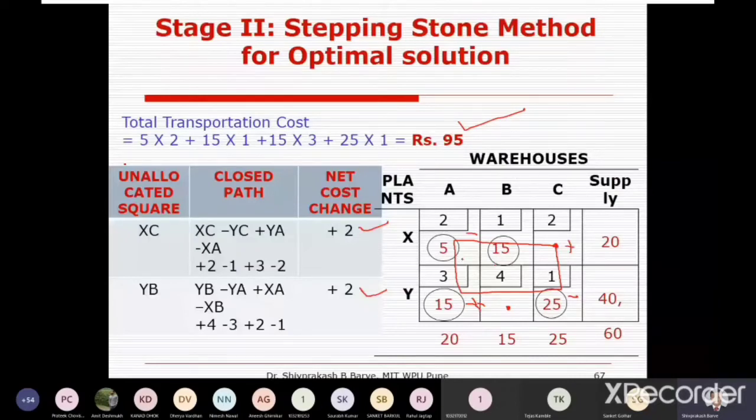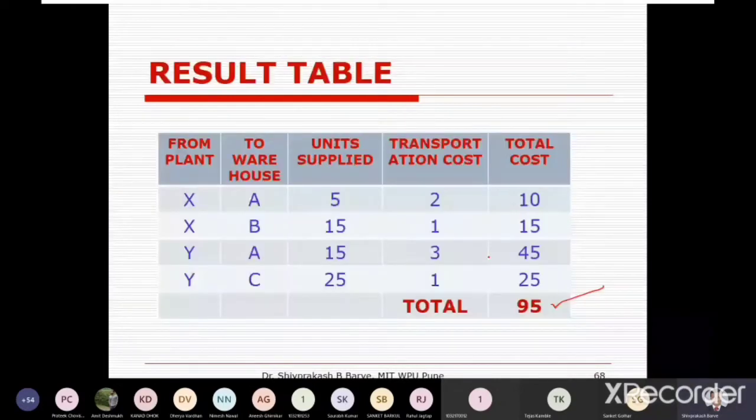So you have to prepare the result table so that it is very clearly giving information that from which plant to which warehouse, how many units are shifted, what is the transportation cost for each unit, and what is the total transportation cost for each plant as well as for the total solution.